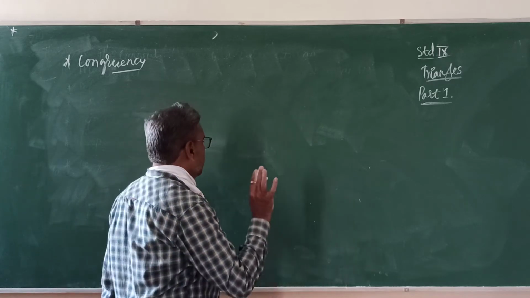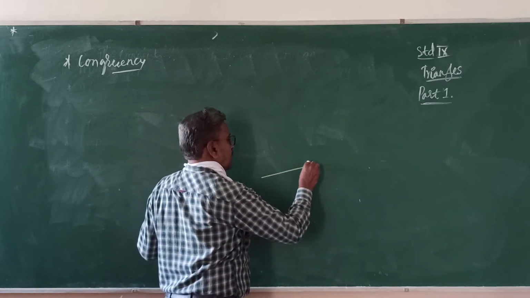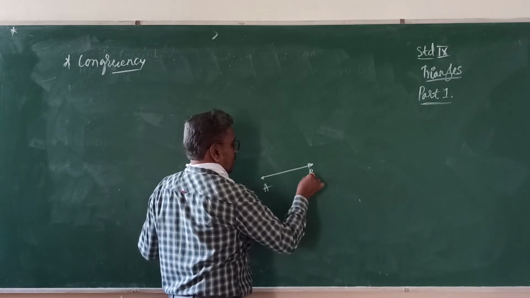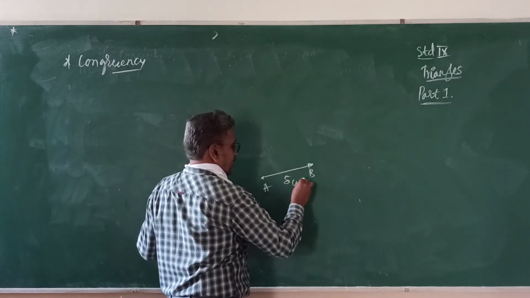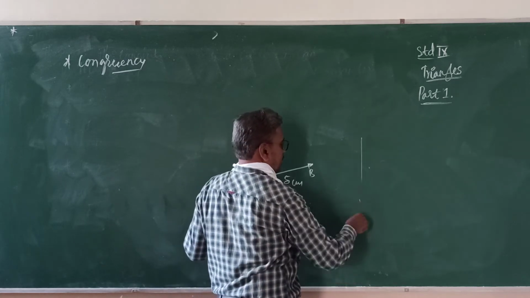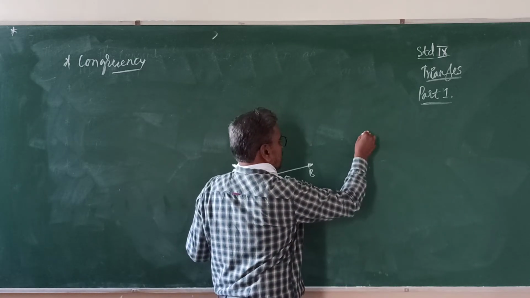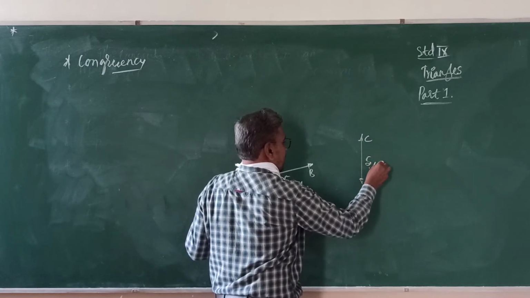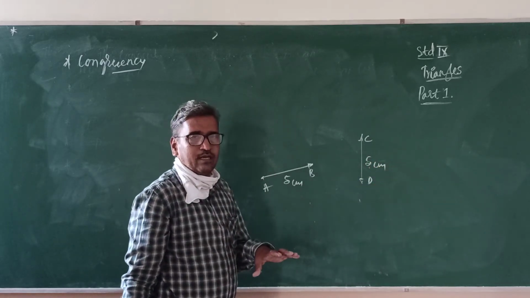For example, AB is a line segment of 5 centimeters and CD is also, let me take, 5 centimeters. What can we say about these two lines?